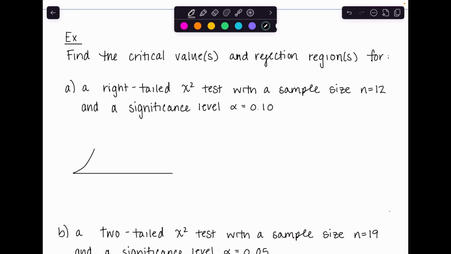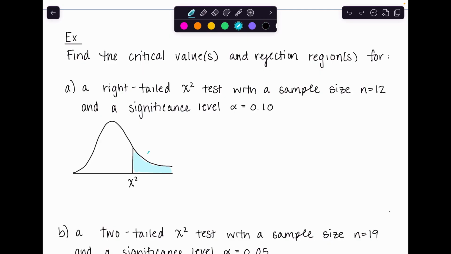For chi-squared, it starts at 0 and it's not symmetric, so our tail goes this way. They tell us it is a right-tailed test, so our cutoff is going to be somewhere here. And then this is the area that will be our rejection region. So this value is some chi-squared value. You might see it indicated with a 0 for a single valued test. Really doesn't make a difference for me though.